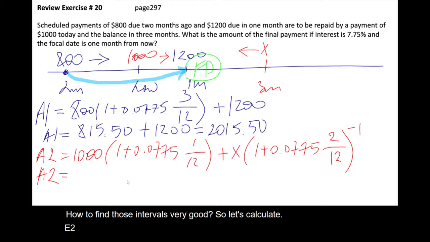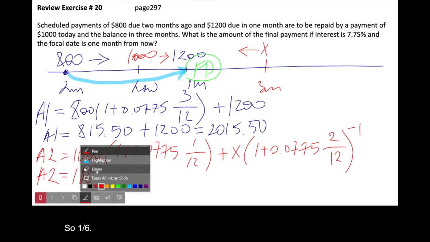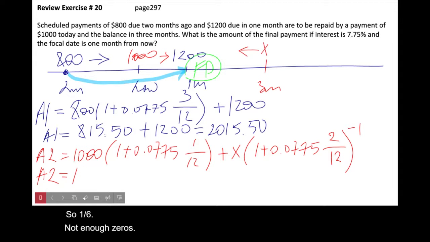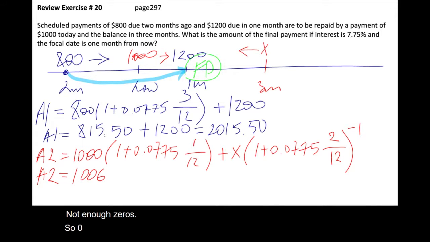So let's calculate A2. Actually, what is possible to calculate? 1.0646 plus 0.987248 times x.